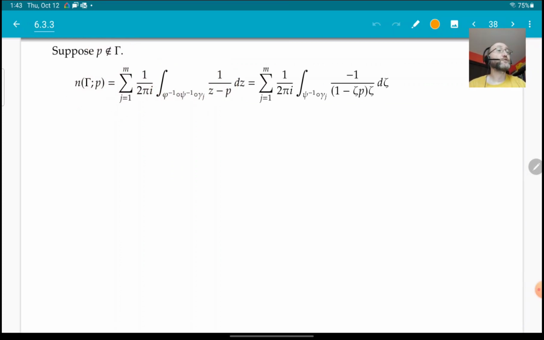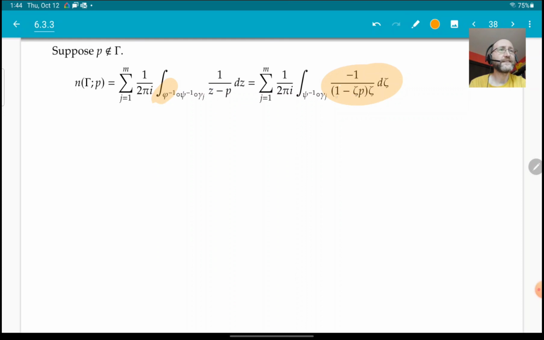Okay, so I do the first change of coordinates, this phi, 1 over z. I'll let you work it out. That's what it is, after a little bit of algebra.